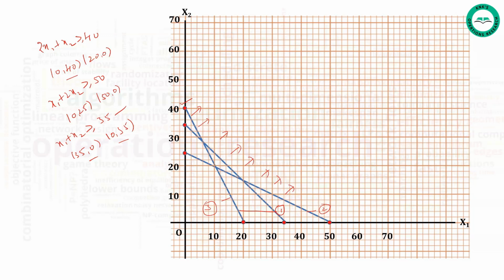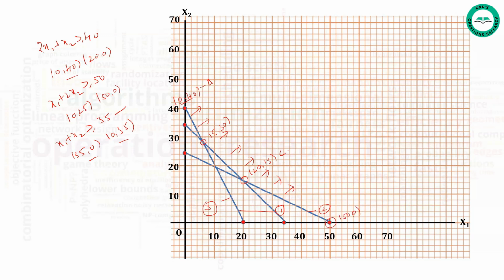Now the coordinates of the extreme points of the feasible region are: the first one is (0, 40), assume it as A, and B is here, B is (5, 30), and the third point (20, 15), take it as C, and D is (50, 0).